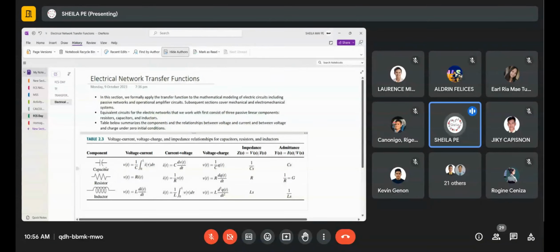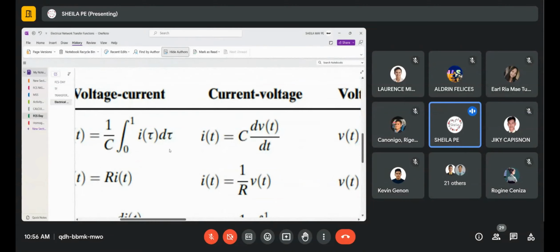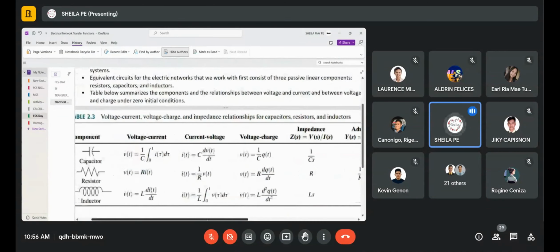If we have a capacitor, positive, negative, in the voltage to current relationship, V of t is equal to 1 over C integral of i of tau d tau. Some textbooks write it as t. For current to voltage, I of t equals C dV of t over dt.